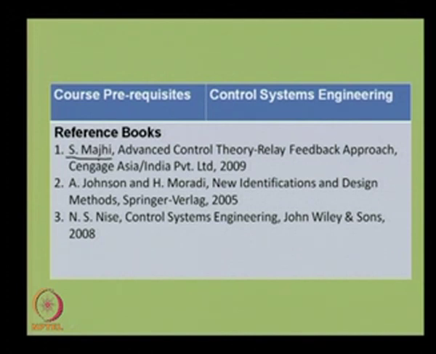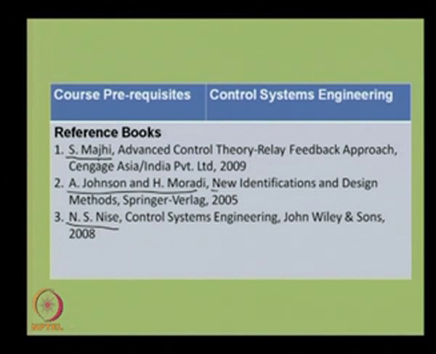The next reference book would be New Identifications and Design Methods, authored by A. Johnson and H. Moradi, published by Springer Verlag in 2005. The next book would be Control Systems Engineering, a basic level book, authored by N.S. Nise and published by John Wiley and Sons in 2008.